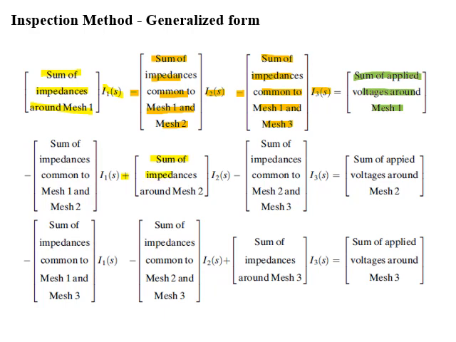For the second mesh, the equation will be the sum of all the impedances around mesh 2 multiplied by the second mesh current, minus the sum of all the impedances common between mesh 1 and mesh 2 multiplied by I1 of s, minus the sum of all the impedances common between mesh 2 and mesh 3 multiplied by the third mesh current, which is I3 of s.